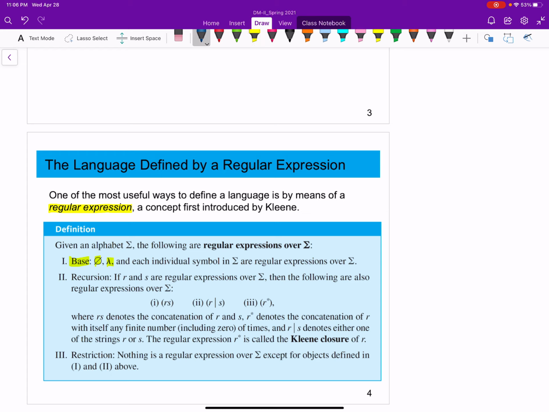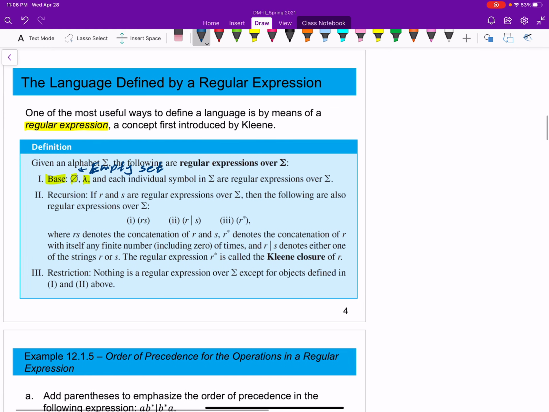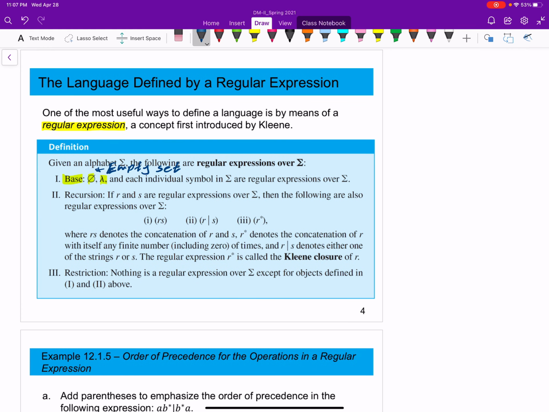This is the empty set, and then lambda, which is the string of 0 length, and each individual symbol in sigma are regular expressions over sigma. And part 2 is recursion.